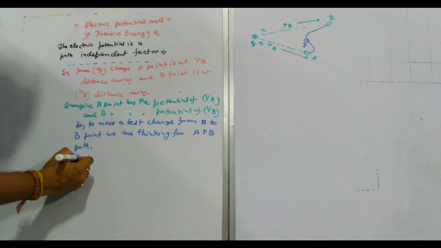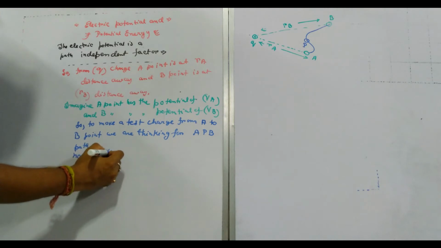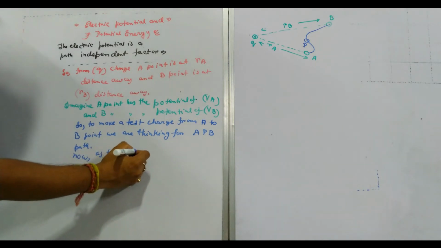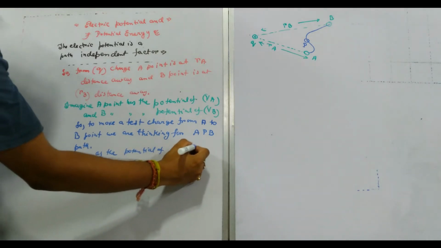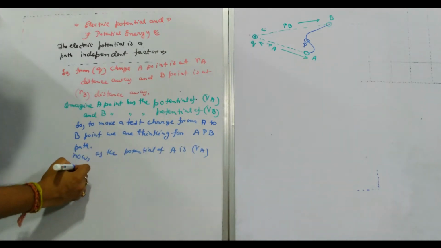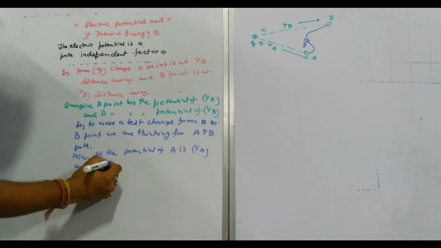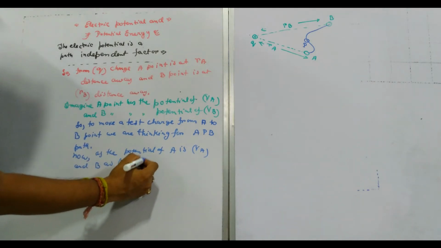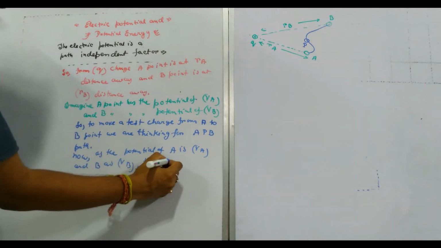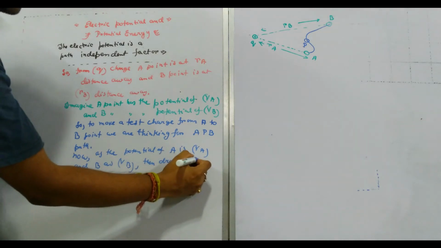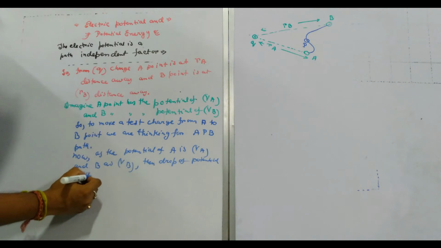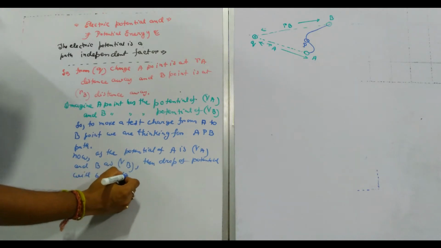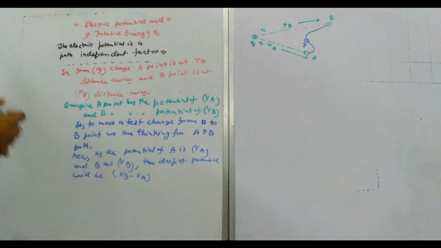Now, as the potential of A is VA and of B is VB, the drop of potential will be VB minus VA. That is evident.